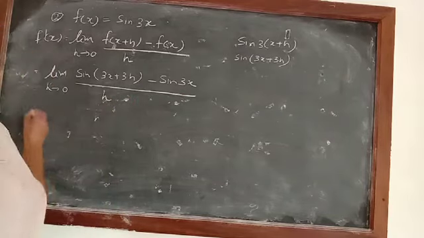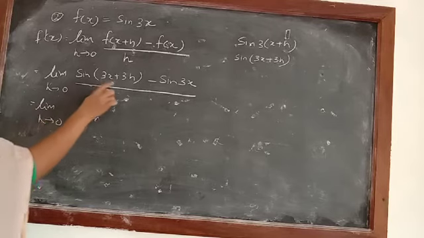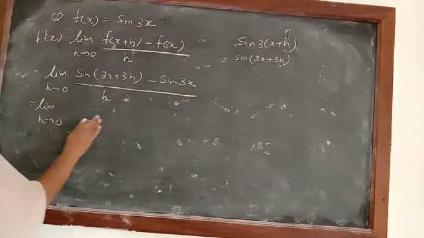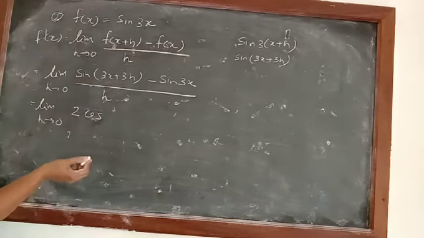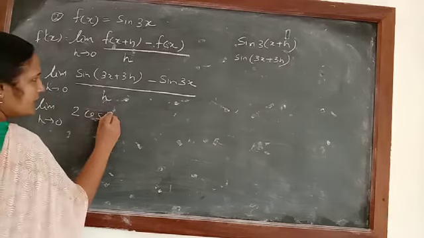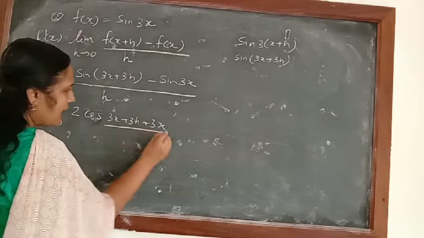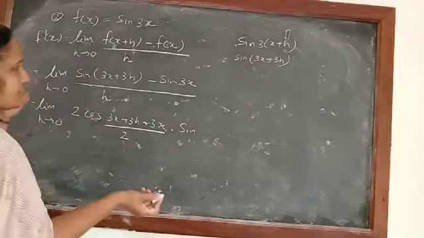Now here we will use the formula sin c minus sin d. What is sin c minus sin d? Yes, 2 cos c plus d by 2. Then we will get here 3x plus 3h plus 3x by 2, into sin c minus d by 2.